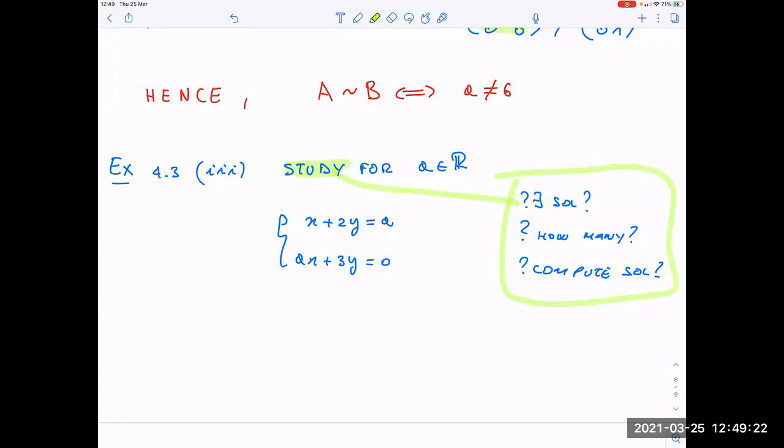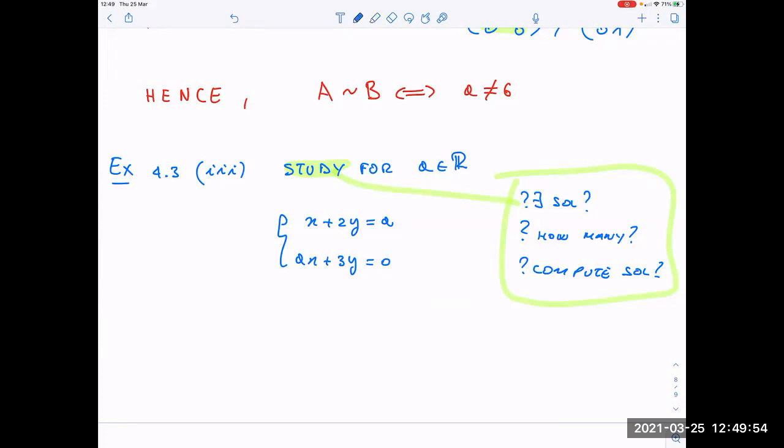Can you find a solution then? Good. There is the trivial one. Yep.